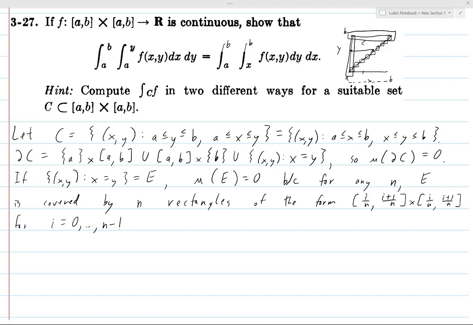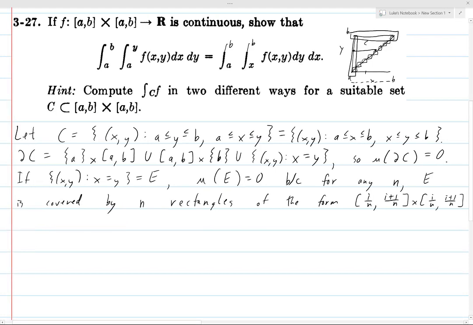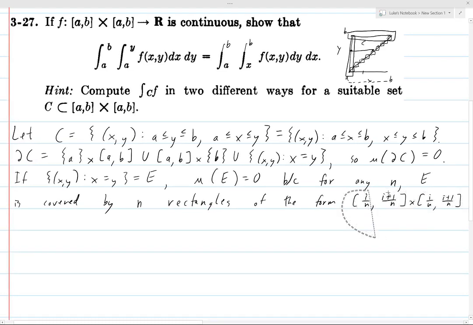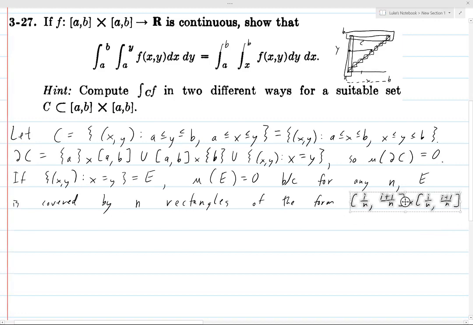Now this gets more difficult. First of all, instead of doing the cross product of something with itself, I'm just going to call it itself squared. And then what do I need to do to this set? I need it to start at a and go all the way to b.